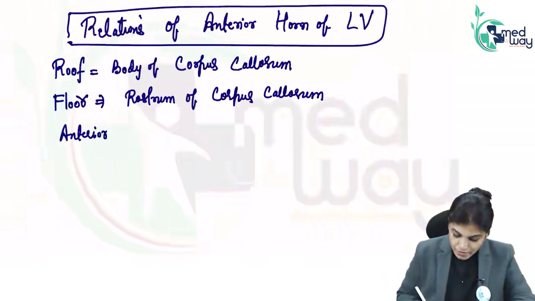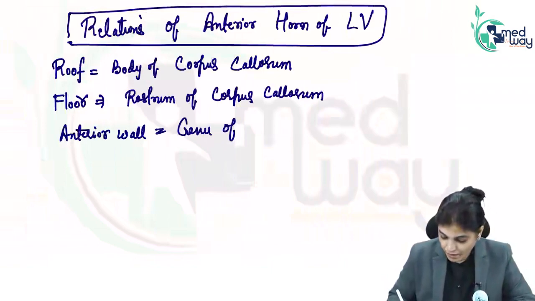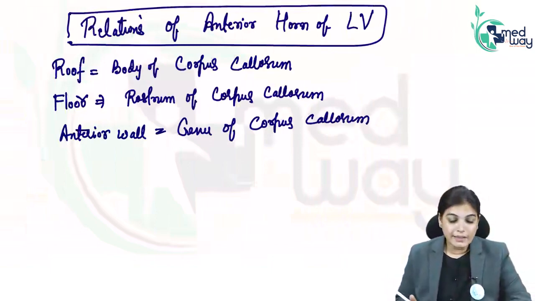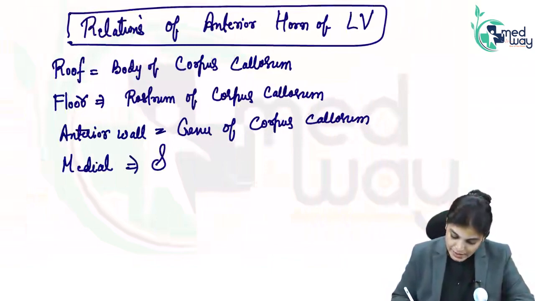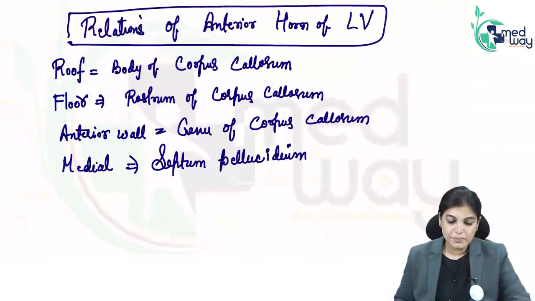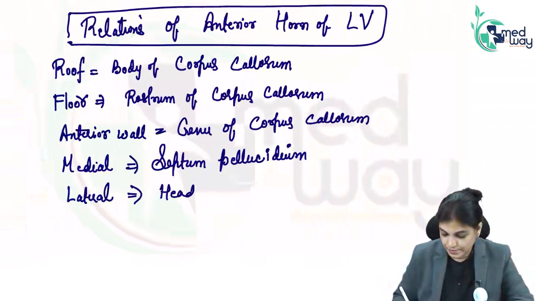The anterior wall is formed by the genu of corpus callosum. Got it. And if I talk about the medial relation, medially there will be the septum pellucidum. And if I talk about the lateral wall, it is laterally related with the head of caudate nucleus.